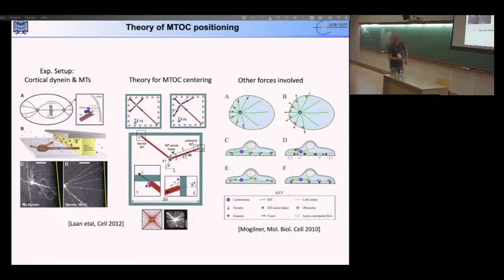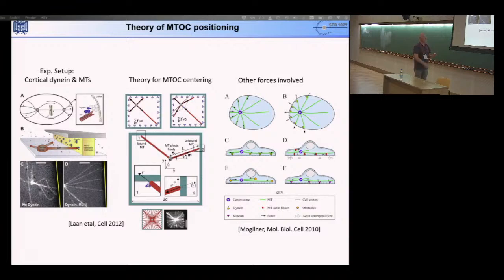There are many more. Other forces are possibly involved in centrosome positioning. For instance, growing microtubules in a geometry like this will push against the plasma membrane and exert forces in this direction, which in the geometry that I've shown you, in this three-dimensional sphere, is not relevant, because all microtubules go along here.